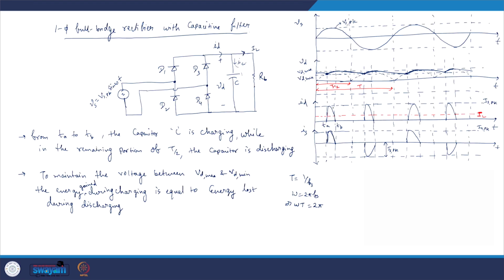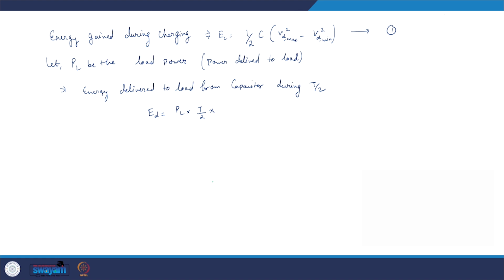If you look very carefully, within this period the capacitor is discharging, that means delivering power to the load. So, that is why we also have to take the average value of that particular thing.